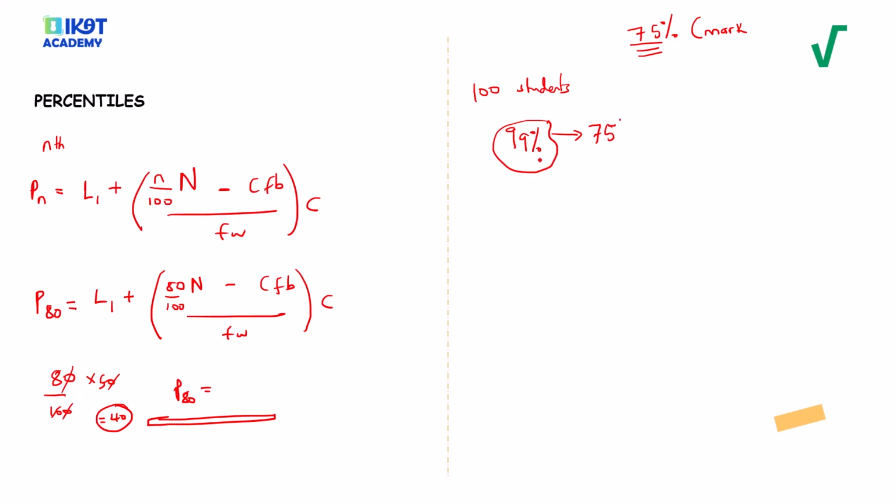So if I say the pass mark, I want 5% of the students to pass, I'm going to say 100 minus 5%, and I get 95. Now, the 95th percentile is going to help show me that at the 95th percentile, 95% of the students are below that mark.